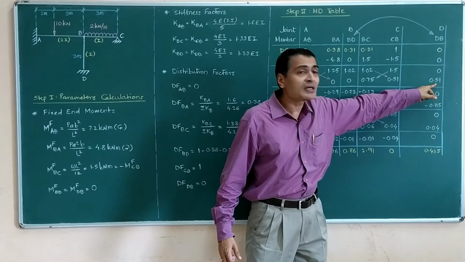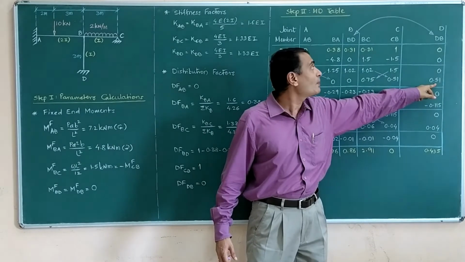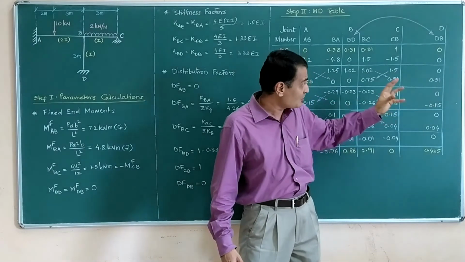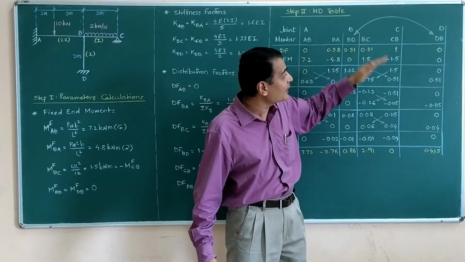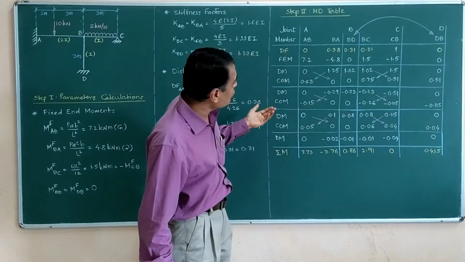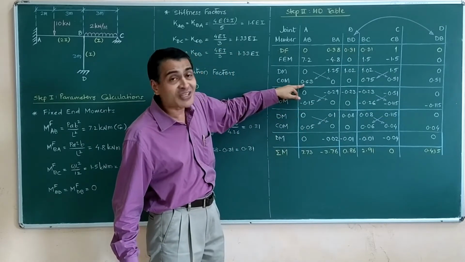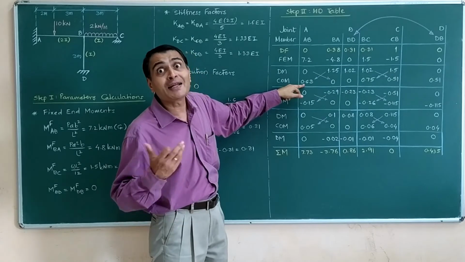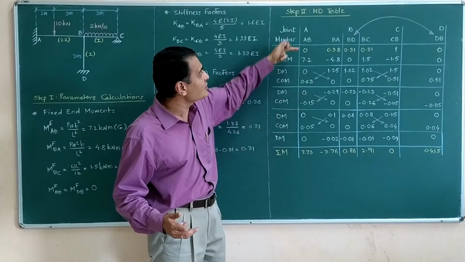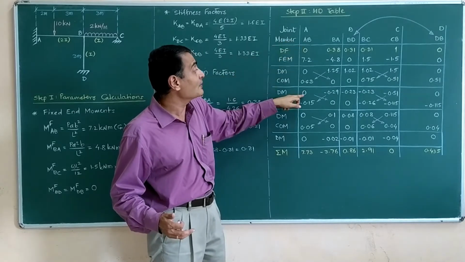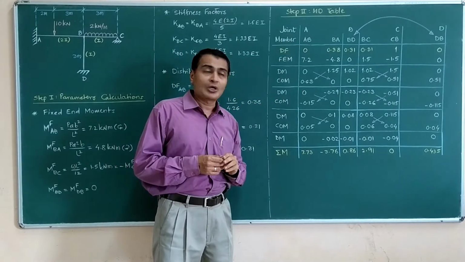Whatever is the value here, the opposite of that I try to apply, but the distribution factor is 0, so I write 0 here. That is, negative 0.51 multiplied by 0 is 0. Here also I have 0.63. So I apply negative 0.63, but I get 0 here because of multiplying by the distribution factor 0. Great.